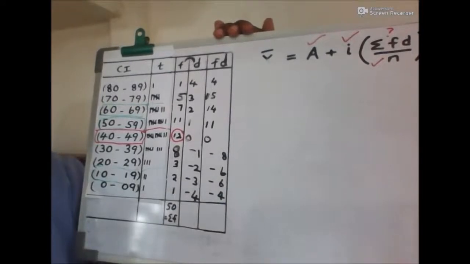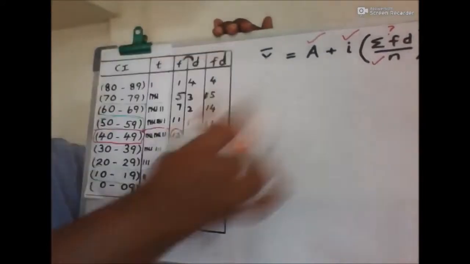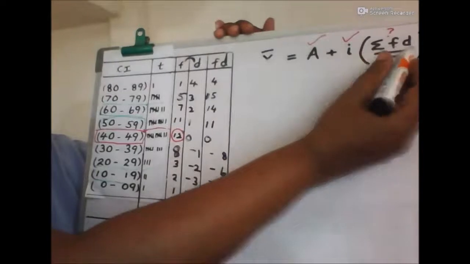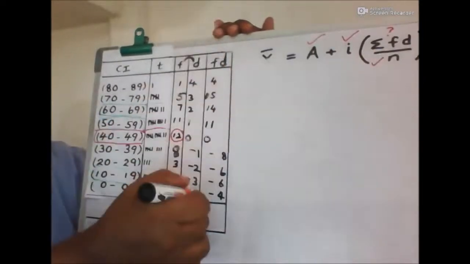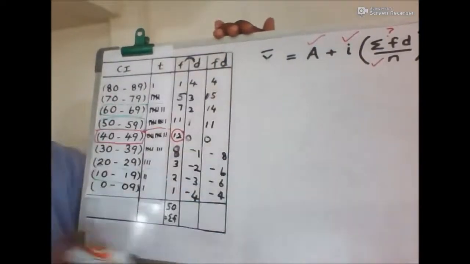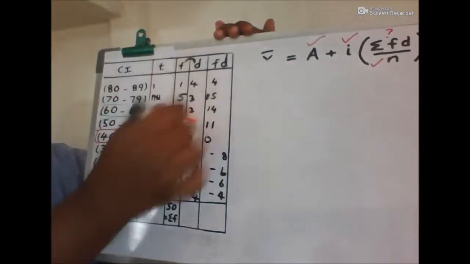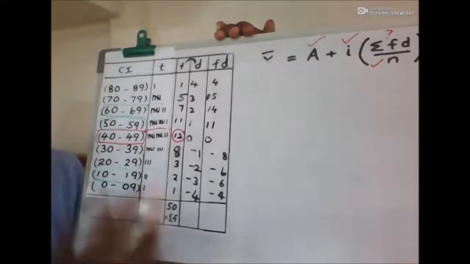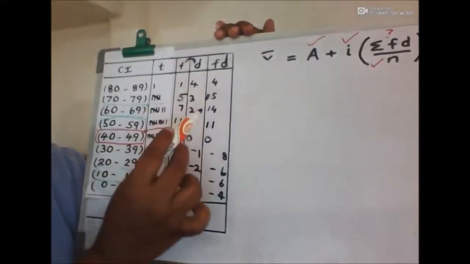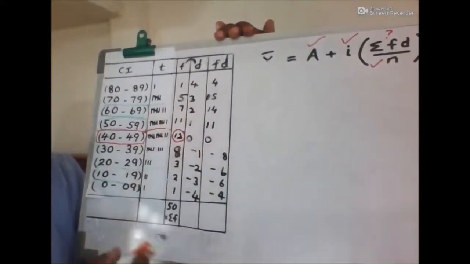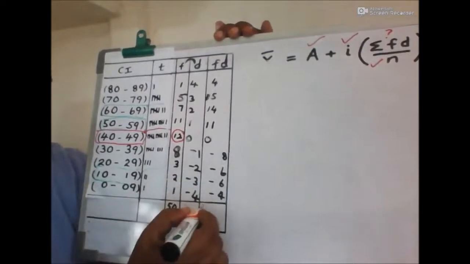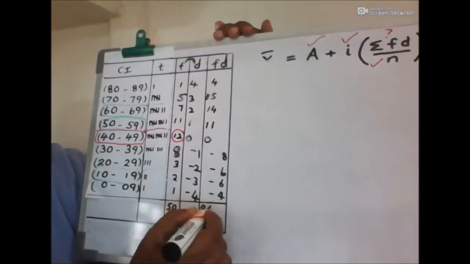Now you have to add, summation, total of FD. We have the FD column now and we have to add all these. One easy method is to do the positive values first. Here the total is 19, 29, 33, 44.